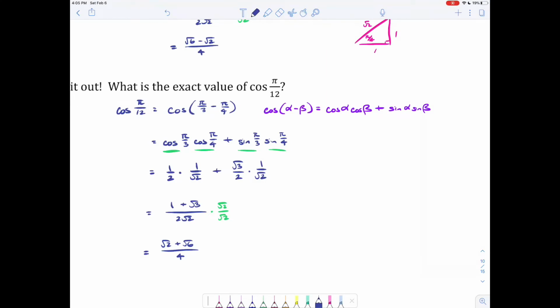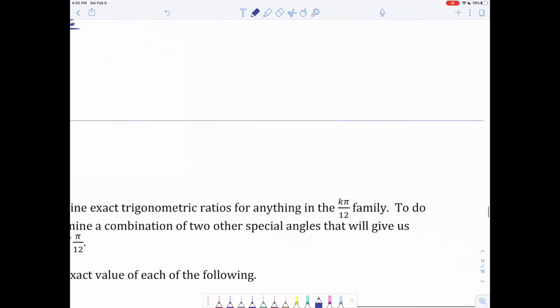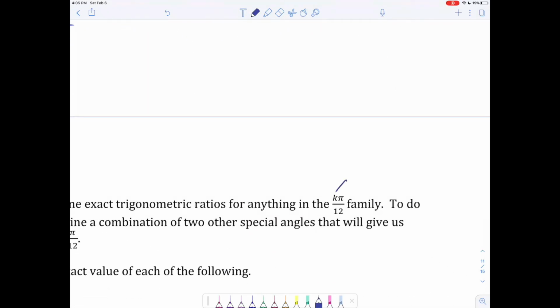We can use this kind of idea to find exact trig ratios for anything in the k pi over 12 family. So when we look at what is k pi over 12, like k would be some sort of integer, we're specifically talking about ones that don't reduce. So pi over 12 is one of them.